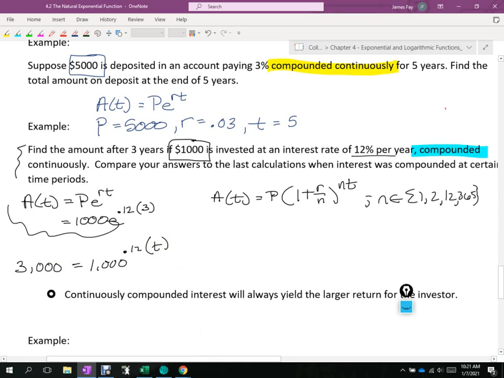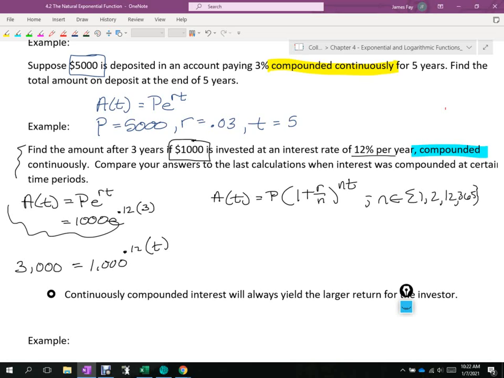If I want to solve for t, if I have $1,000 that is just sitting in my bank account, burning a hole in my pocket, and I want to invest it, and I want it to be turned into $3,000 eventually, because maybe I want to go buy some object that costs $3,000, I can run through the use of logarithms to help me determine the time in years that I need to wait till that turns into $3,000.